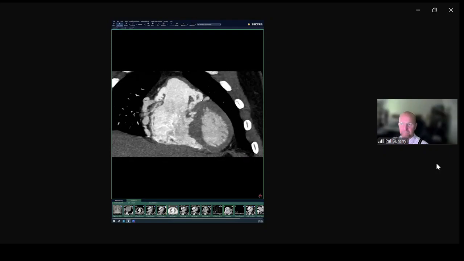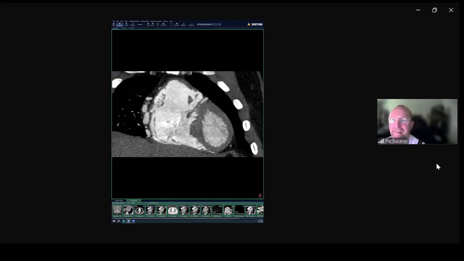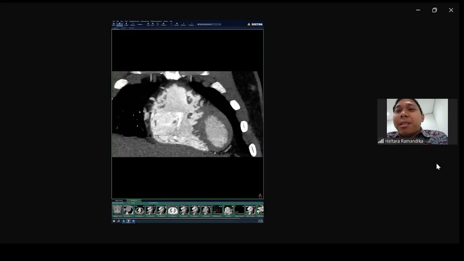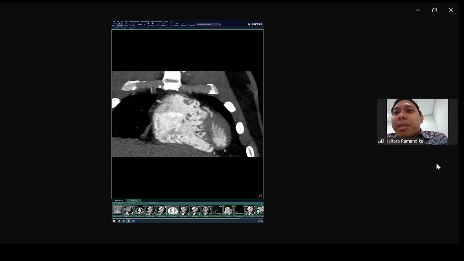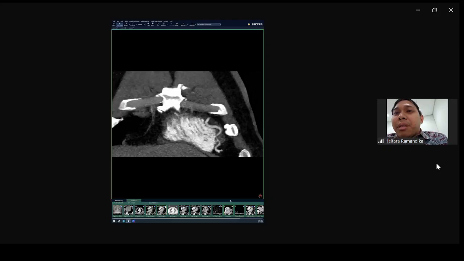No comments? Hi, Professor. Yes. Can I ask, I'm interested about your acquisition for this patient with the contrast injection. You can see bright contrast enhancement in the right heart. So do you perform this exam in advance?